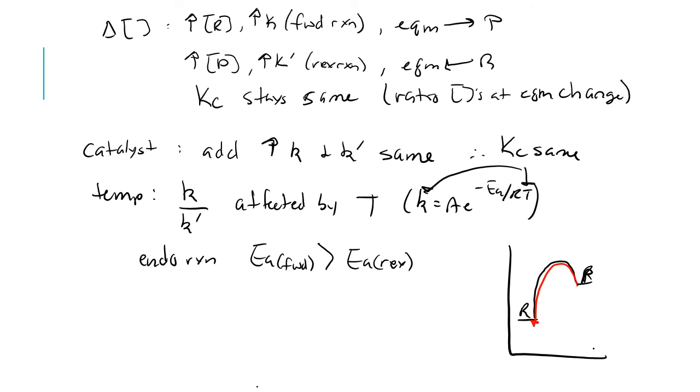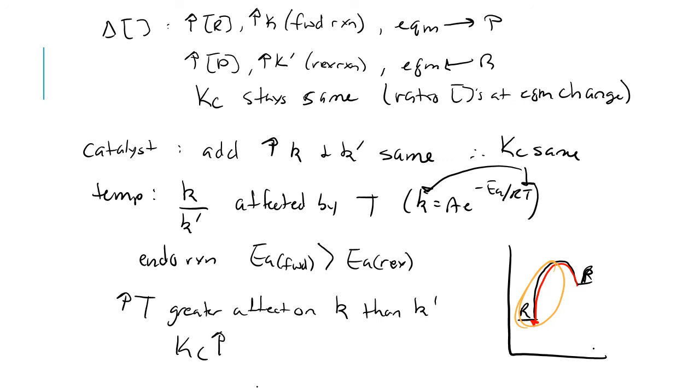So if we increase temperature, it's going to have a greater effect on the forward rate constant than on the reverse rate constant, because the forward has so much more heat that it needs to take in. So that means your forward rate gains in value, which increases your Kc value as your temperature increases. Oh my gosh, sorry.